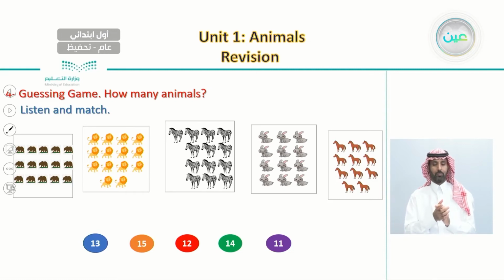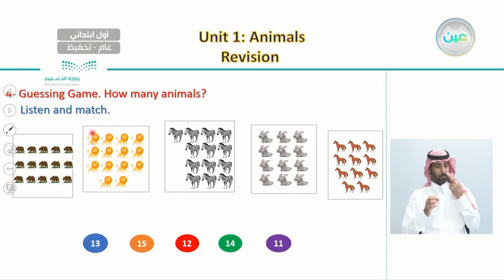So let's try to answer only one example from these pictures, just to remind you how we answered this question. Let's take this picture, for example, and let's count how many animals, or how many lions, we have here.